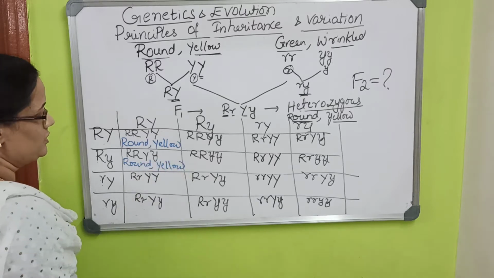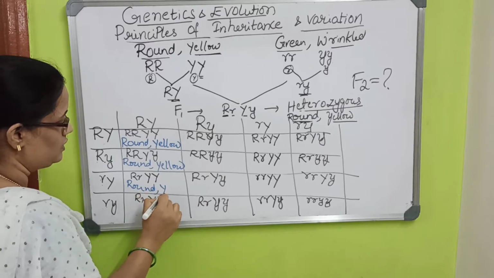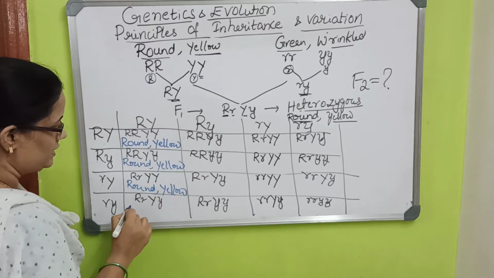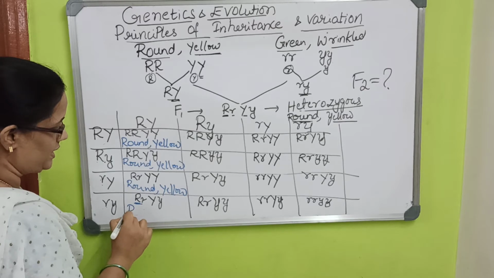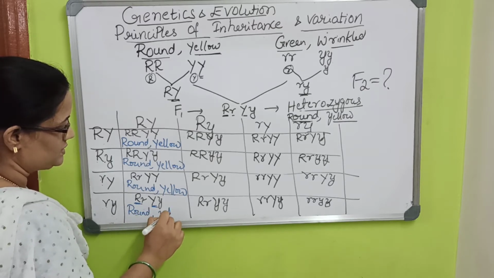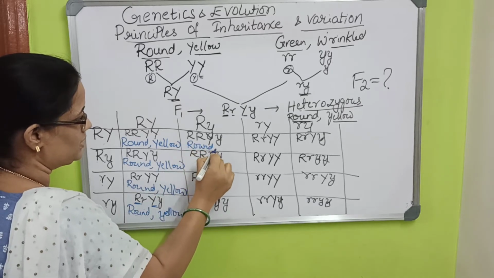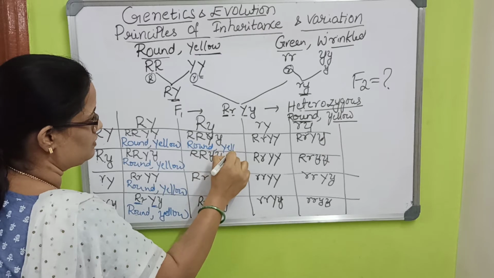The seeds here are round and yellow. The numbering we will write. This one is also R dominant, so again this is also round. When Y is there, that time this is yellow. This one again both capital, so it is complete round and yellow.